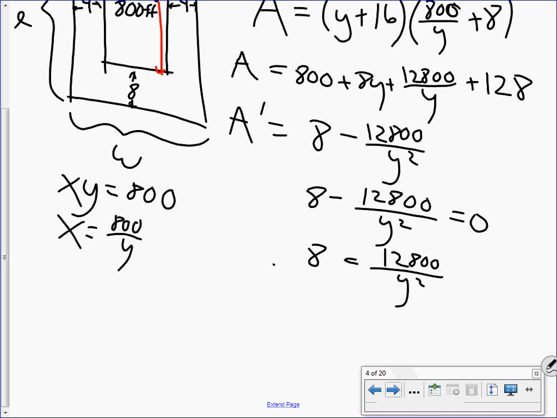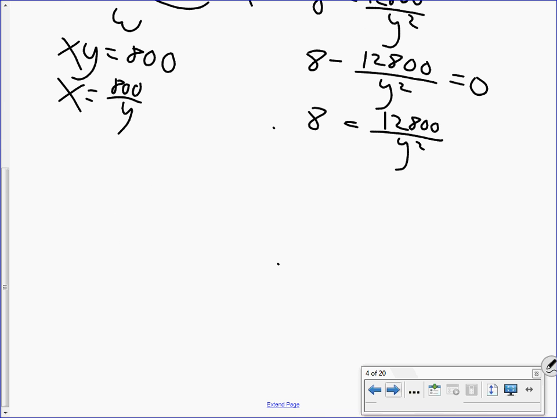We just added 12,800 over y squared to both sides. And then what? Cross multiply. Right, that's over 1. So you have 8y squared equals 12,800. Divide by 8.